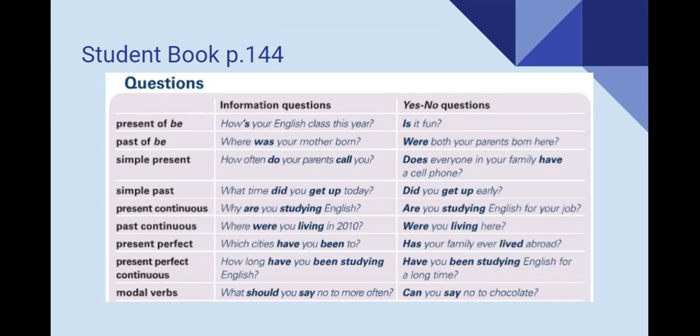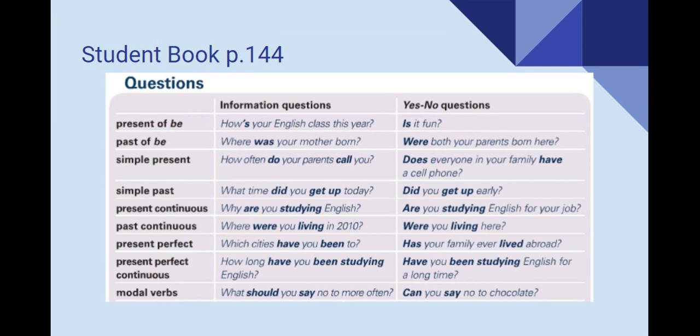Sometimes it is simple present, sometimes we're going to use it in continuous, right? Or base form. Now, with yes no questions, we are not going to use a WH word. We're going to start directly with our auxiliary verb. Verb to be, do or did, have or has, or even our modal verb.